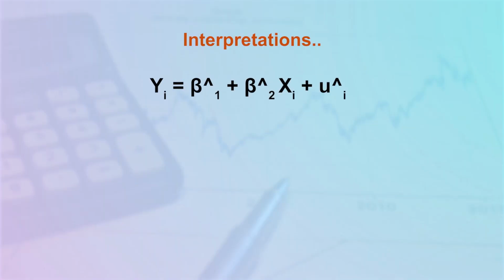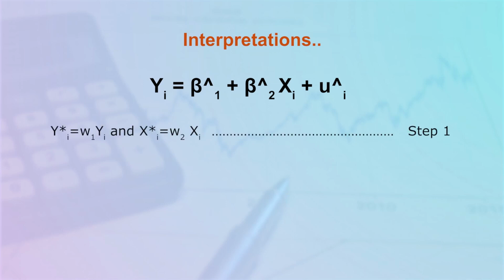So as we now proceed to some important statistical results based on the scaling, we again start with our original model where yi is regressed upon xi, and beta 1 hat and beta 2 hat are the coefficients. Then we go to step 1, where the rescaling is done.